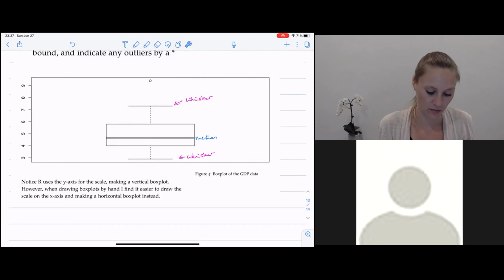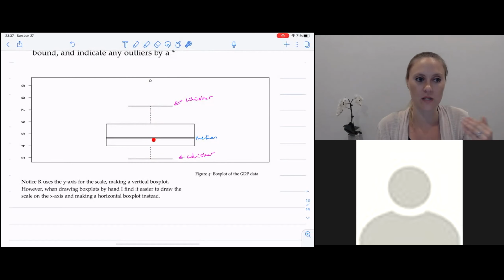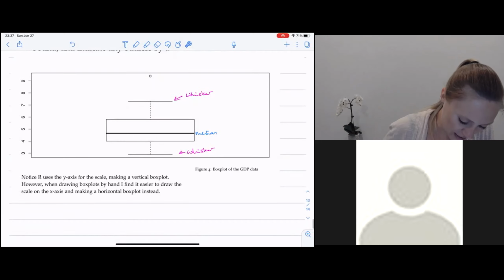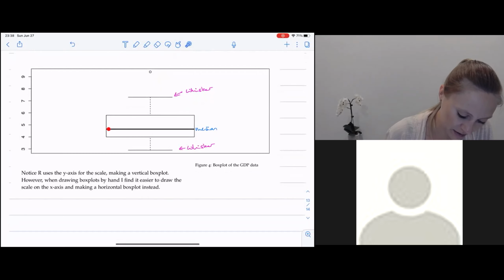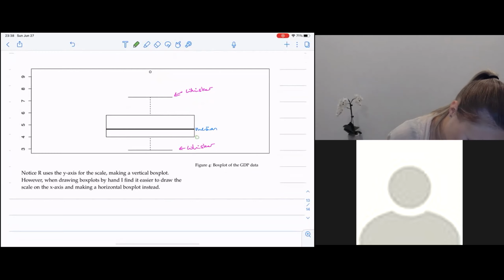Usually software likes to generate these vertical box plots, and it takes up less space. But if you're drawing it by hand, it's easier if you just have a number line and draw your lines that way. So the middle line is the median, and then we've got the Q1 here and Q3 here.